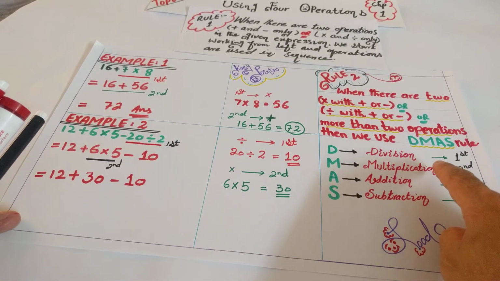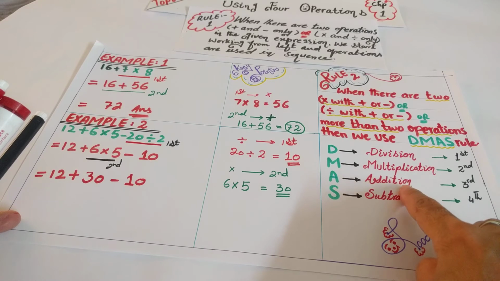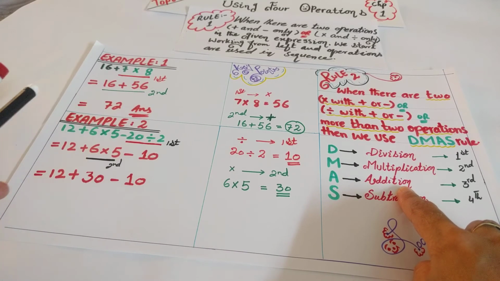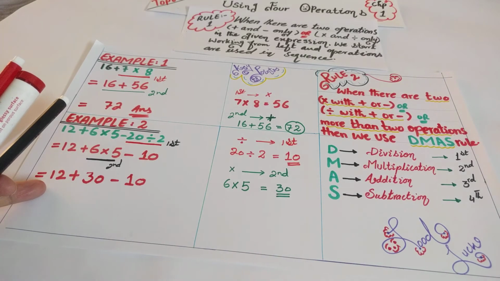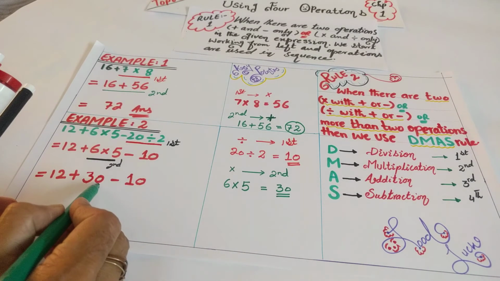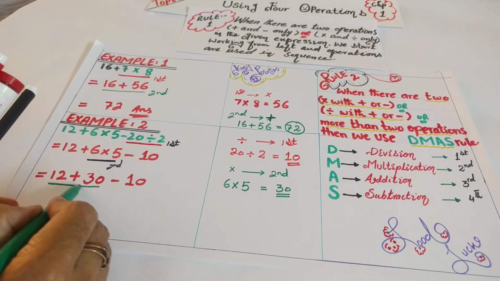After solving the division and multiplication according to the order, third one is addition. Now let's check, is there any addition in your given expression? Yes, there is addition. This one is addition.